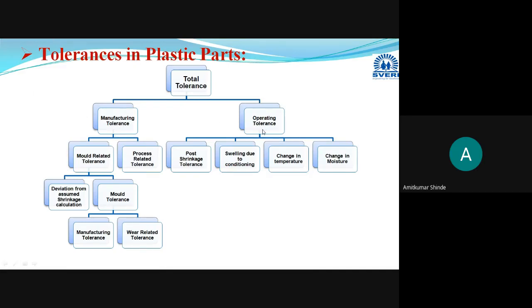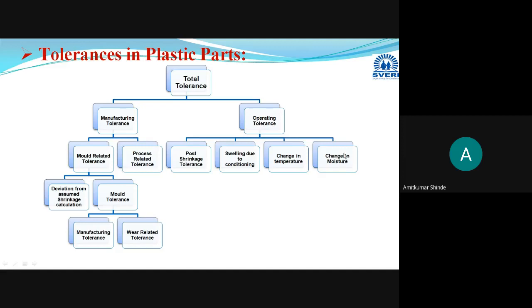And operating tolerances will consider the operating environment. Okay, these tolerances are required to cover the environmental factors or some environmental parameters that will affect the dimensions of the part. Now, in these operating tolerances, four parameters you have to consider.